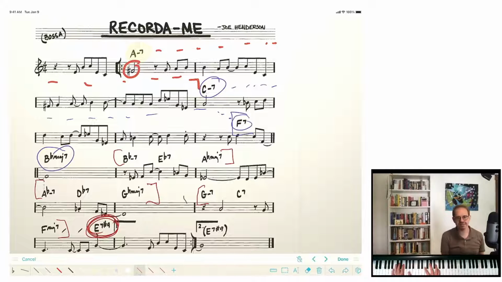So let me play it for you, just in case you want to soak in these sounds and think about modal versus tonal here.